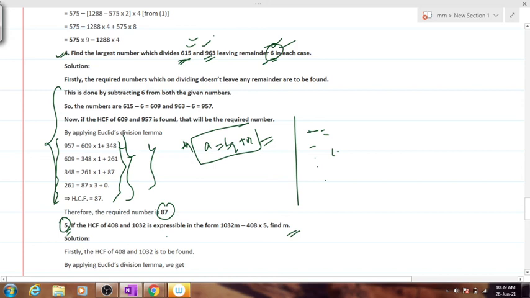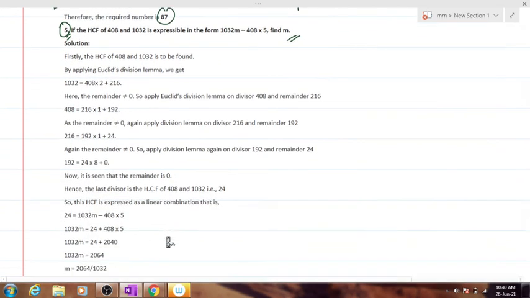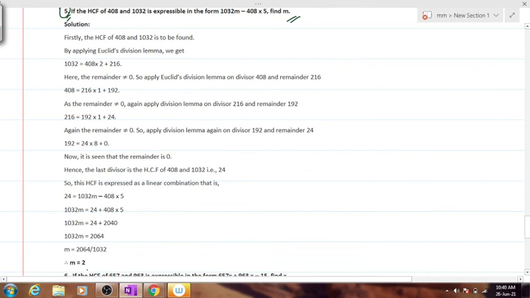Done question number 5. Well done. It's pretty simple one, right? Just have to divide and you have to see if it's divisible or not, and then m's value will come out to be 218.